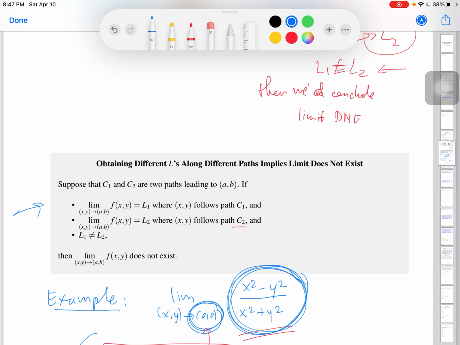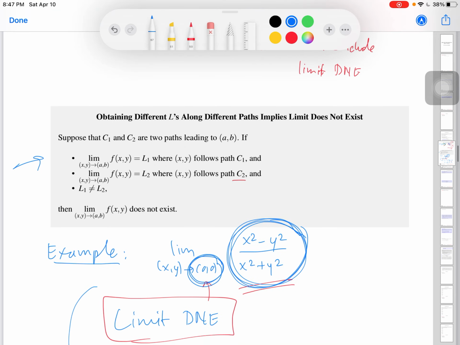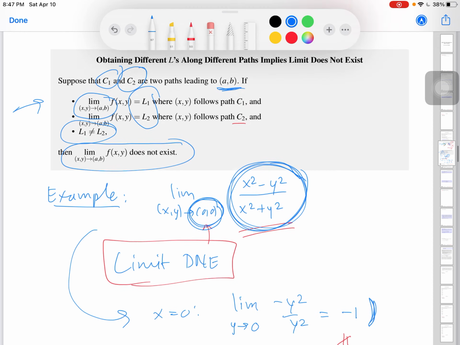So that leads to this gray box. That's really the second big takeaway from this lesson. If you can find two paths leading to the same point that you're trying to evaluate the limit at, and you can determine that the function tends to different numbers, or maybe from one path it tends to a number and from the other path it goes to infinity, or from both sides it goes to some version of infinity, lots of different options, then you know that the limit doesn't exist.